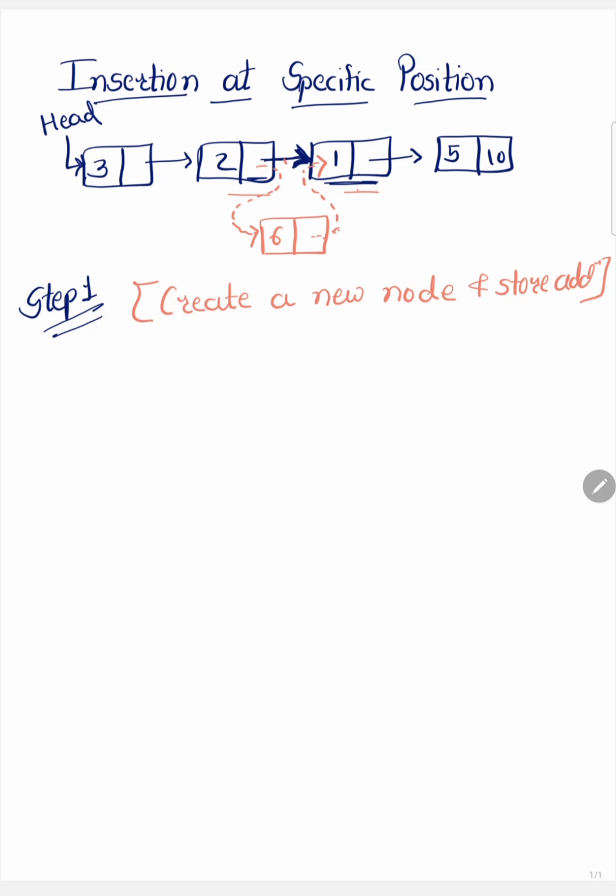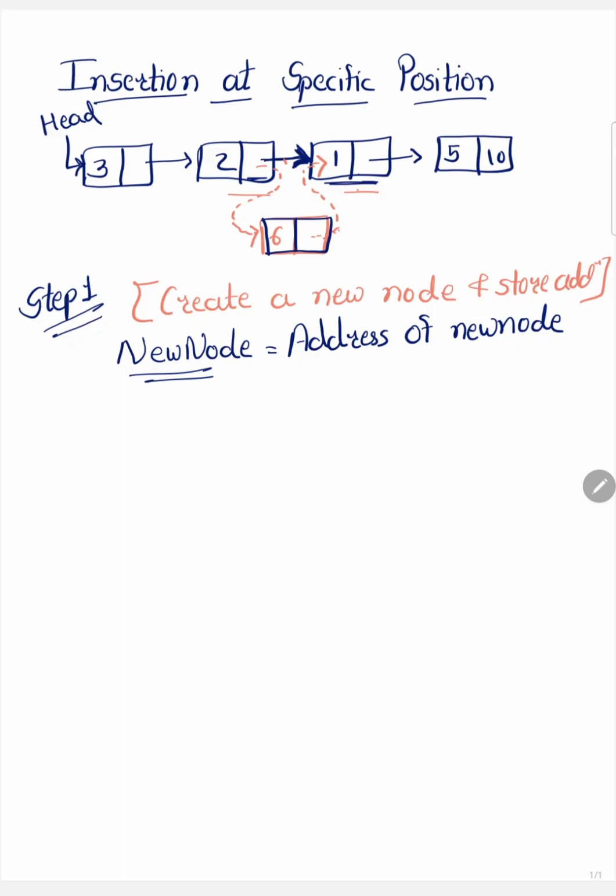Now we are storing the address in a pointer variable called new node. So new node is equal to the address of the new node. This is my pointer variable that I am using for access. Now this node has been created, but it is still a blank node, right?